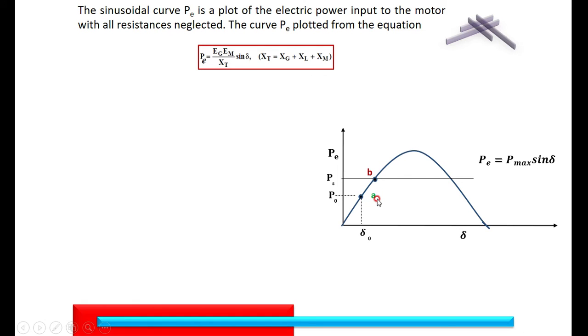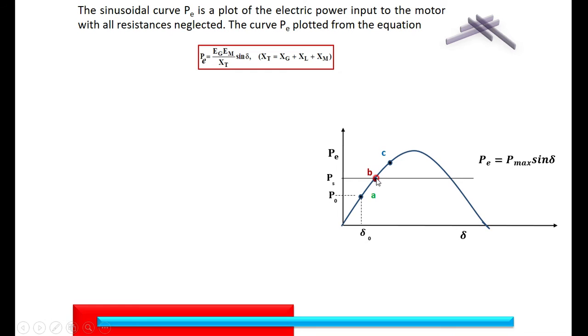However, because of the inertia of the machine, the angle delta goes on increasing beyond B, that is to the point C. What happens when it is moving from A to B? I told you that there is a deceleration because the speed goes on decreasing. At point B, you are getting a speed less than the synchronous speed, but delta still has a tendency to increase.